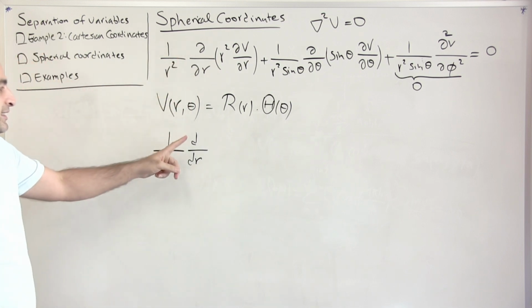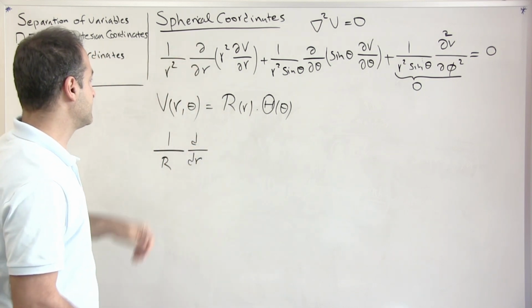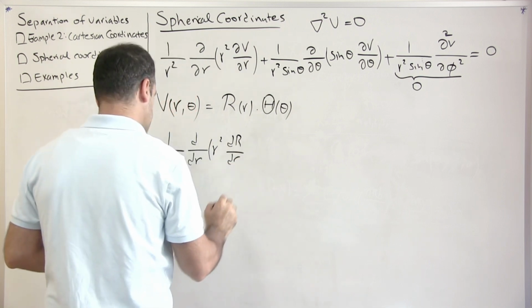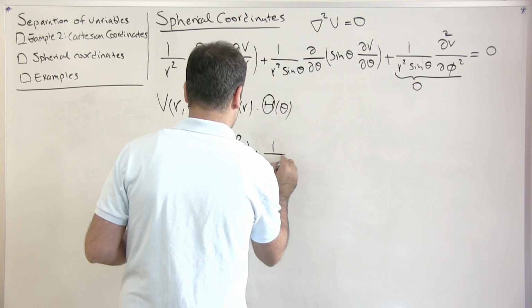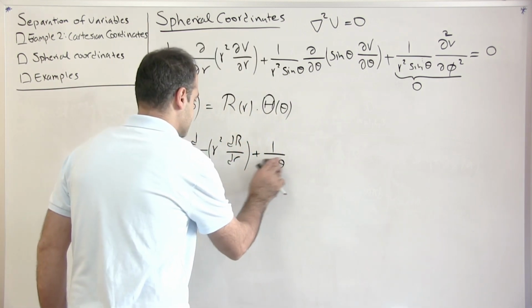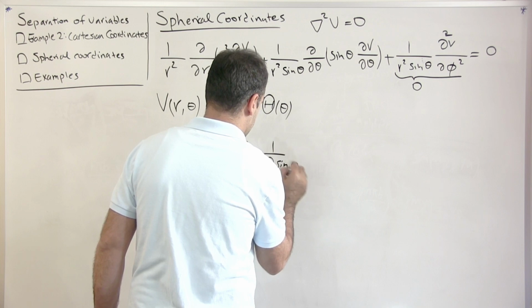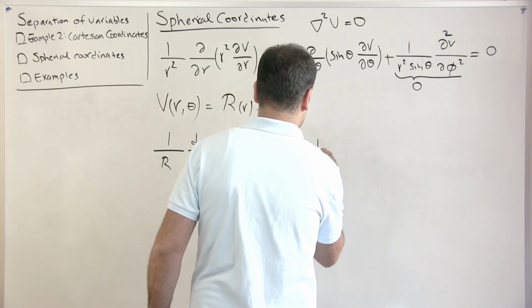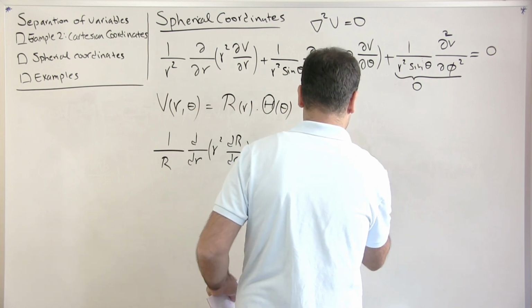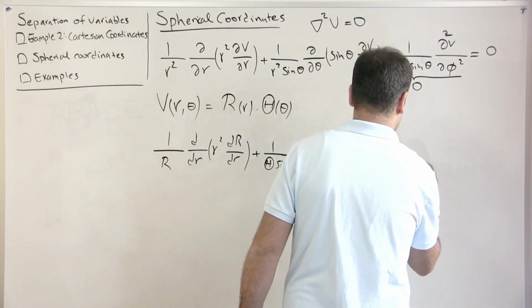The partial derivatives change to regular derivatives because R is a function of one single variable, so you don't need the partial notation.